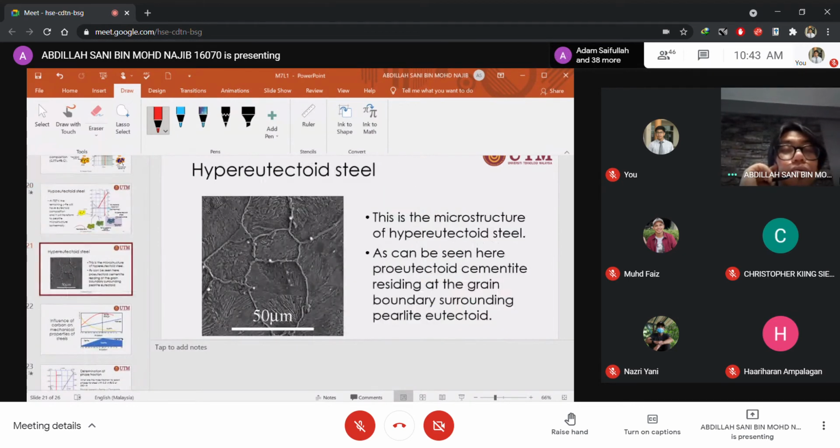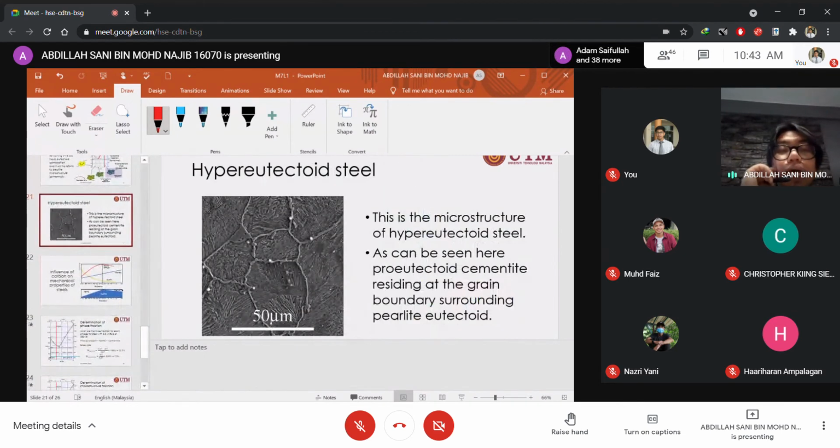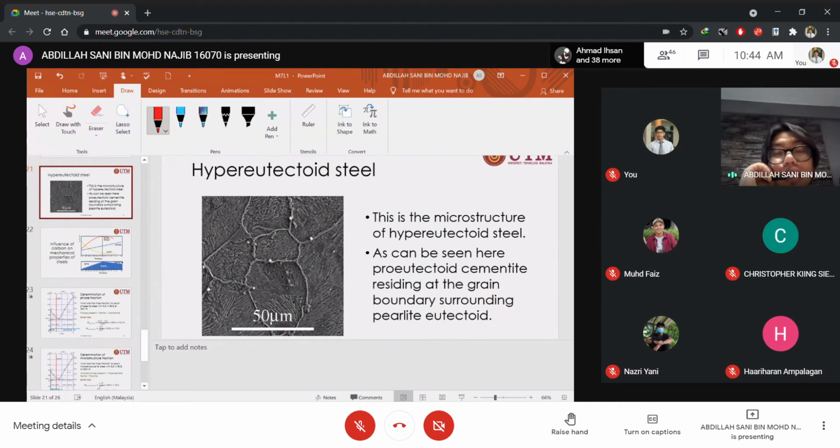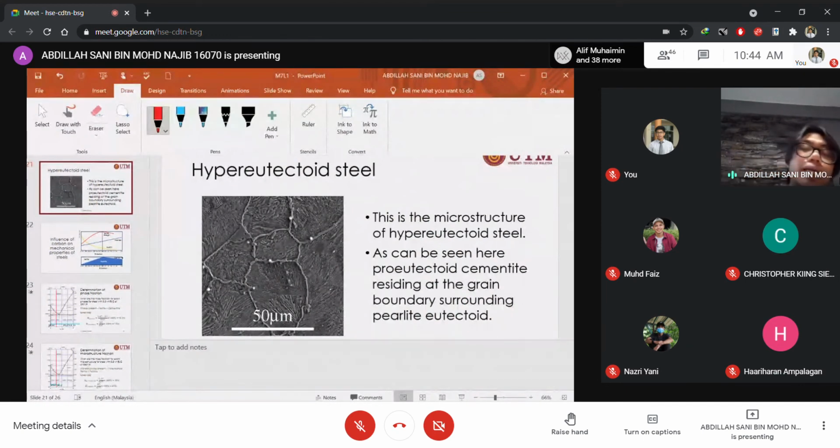So this is how the hypereutectoid looks like, and we can see that there is pro-eutectoid cementite residing at the grain boundary. This is the grain boundary. This is the cementite.